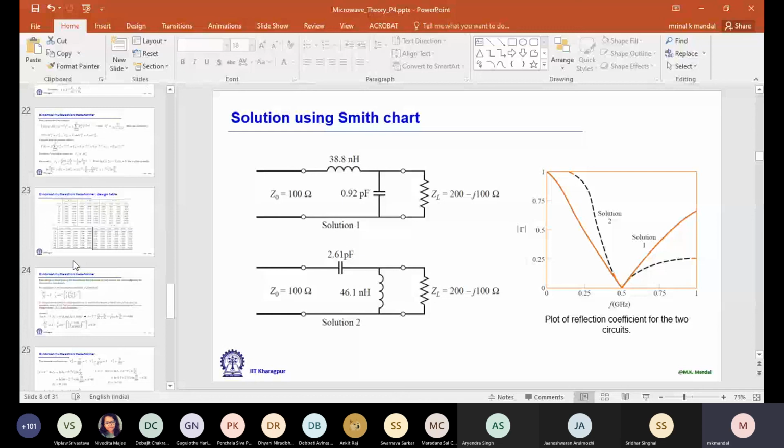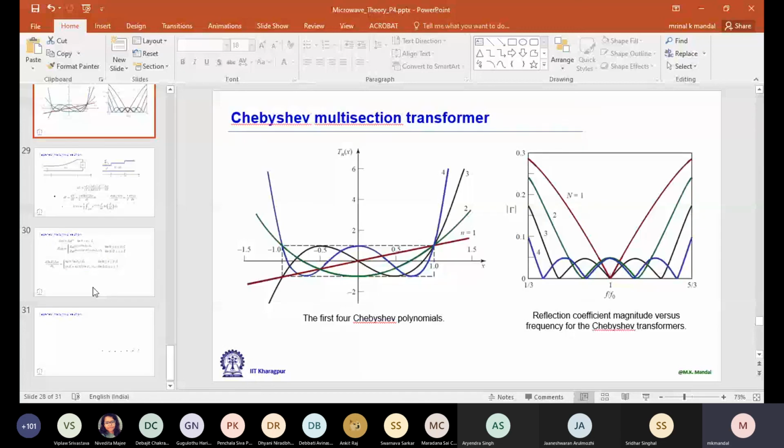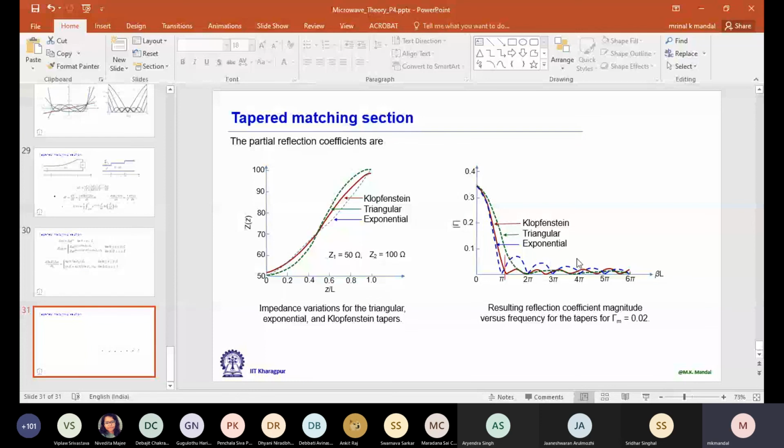What happens if ZL is complex and you are asked to design a wideband matching network? The answer is that there is no general procedure available till date.